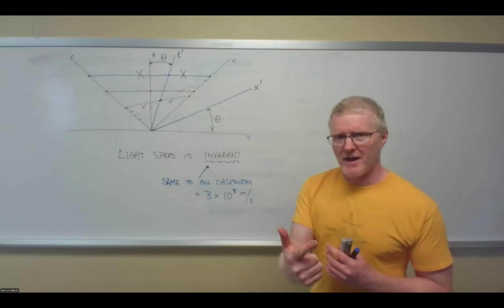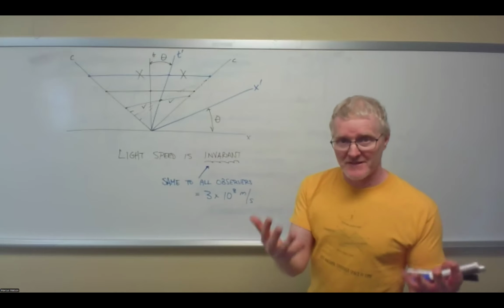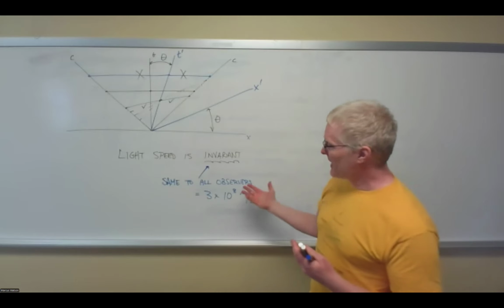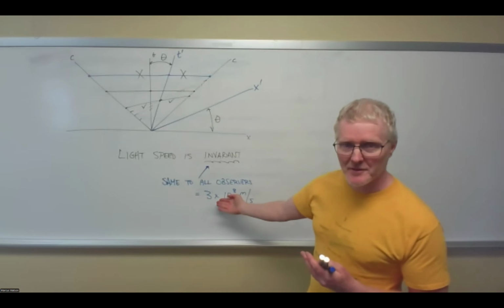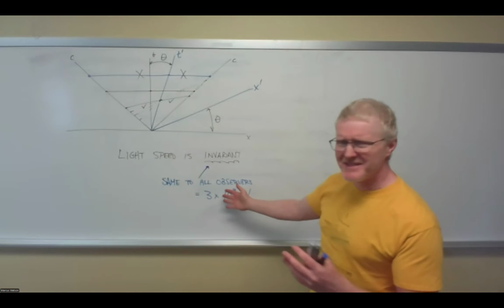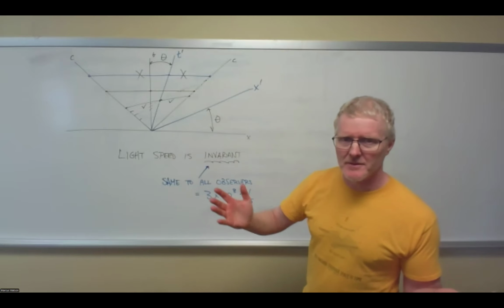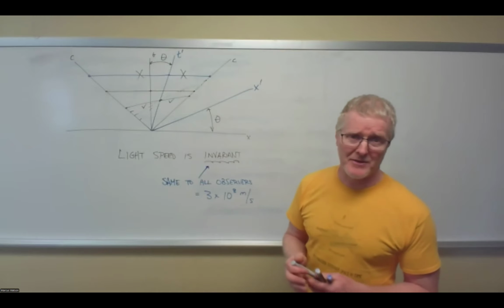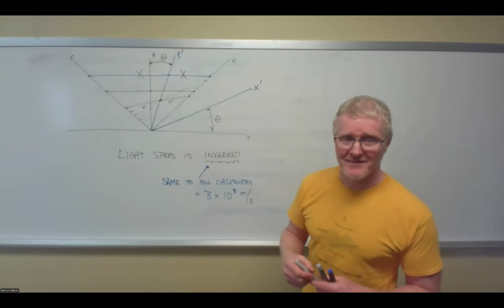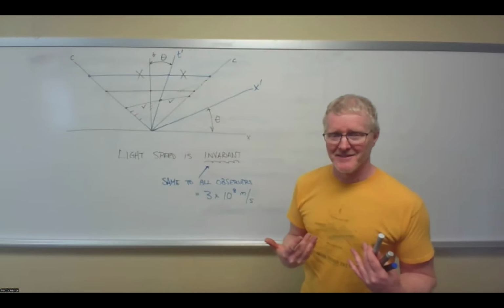Why don't we simplify our lives from a physics standpoint and make this number way simpler? 3 times 10 to the 8th is a huge number. I can't comprehend that number. I can comprehend a better number, like 1. That's a number I can comprehend.